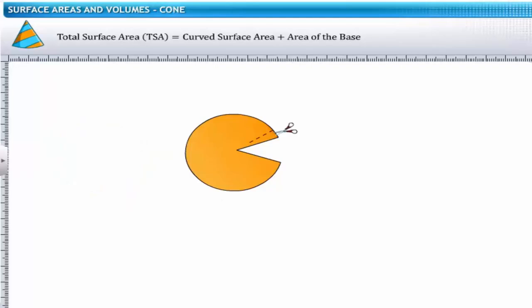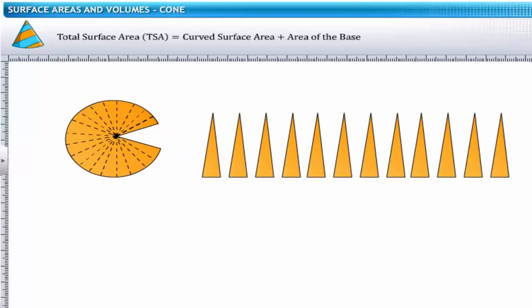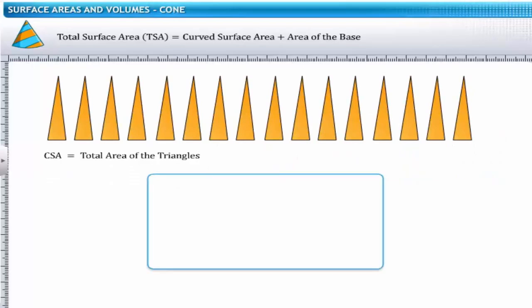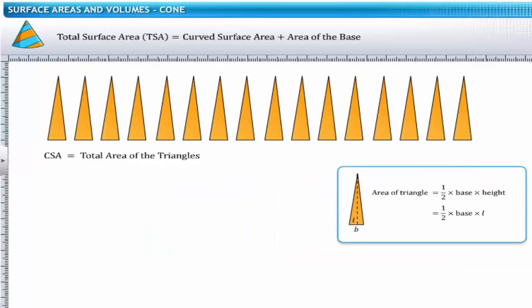Now, let's divide this piece into as many triangles as possible. The CSA of the cone will be equal to the total area, or the sum of the areas, of these triangles. The area of each triangle is calculated as half base into height, wherein the height is the same as the slant height L of the cone. Let the bases of these triangles be B1, B2, B3, and so on.